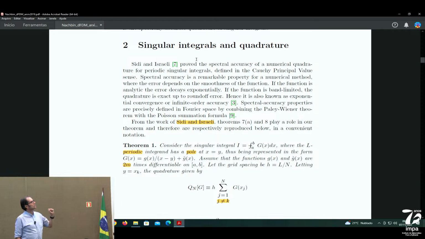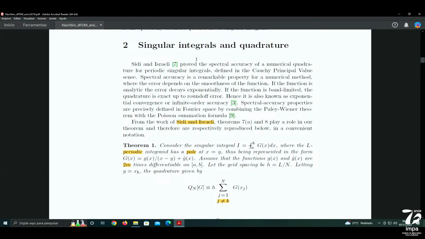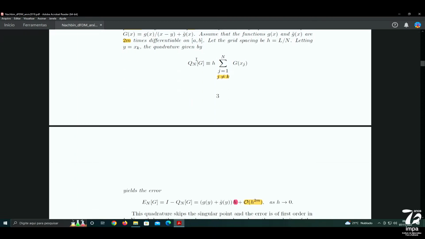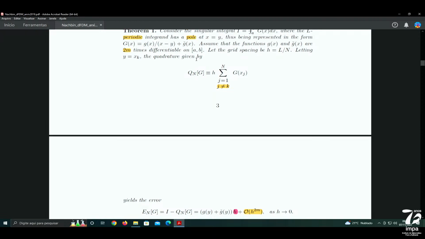And then they show that this quadrature here, okay, I'm missing maybe the last line of the theorem. Let me put it up here. Okay? So the last line of the theorem came on the other page, sorry.